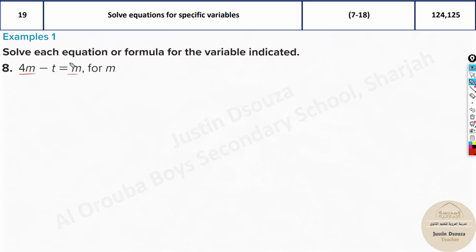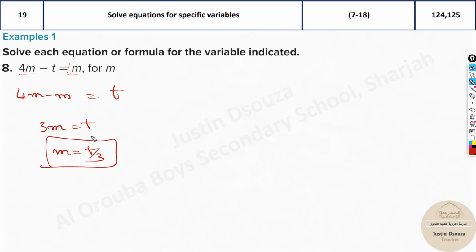Here it's only 1. So what you do is take this to the other side. It'll be 4m minus m equals minus t goes to the other side, it's plus t. And here 4m minus m will be 3m equals t. m equals t by 3. This is your answer.